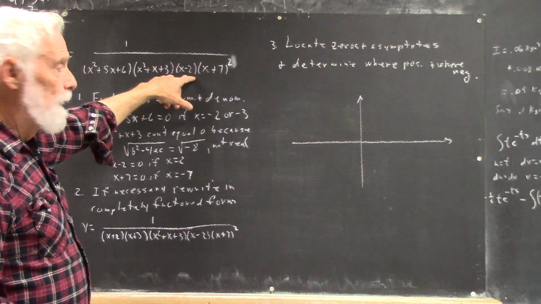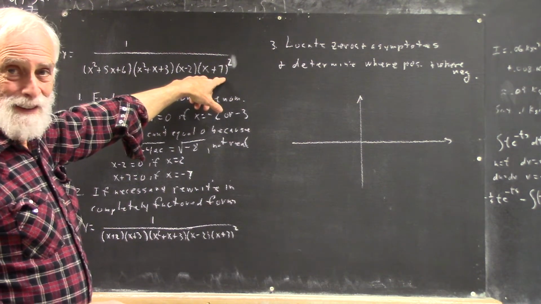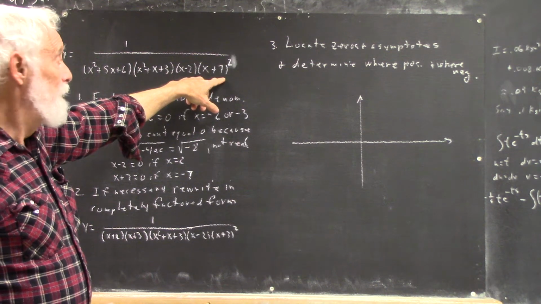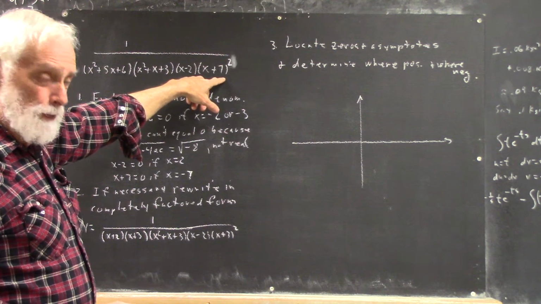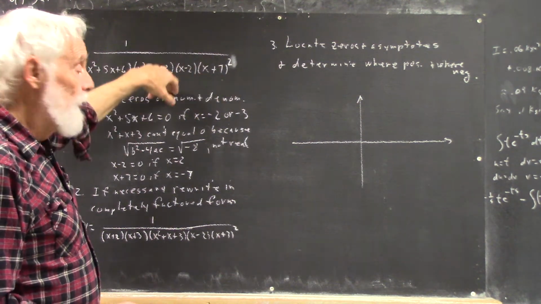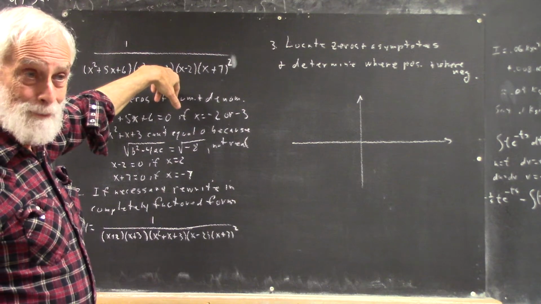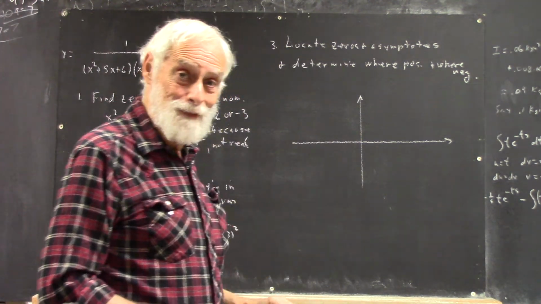Times negative 2 is negative 36, times 7 squared, that's 49, okay? And that would give you 1800 minus 36, 1764. Be 1 over 1,764, which would be really close to 0.